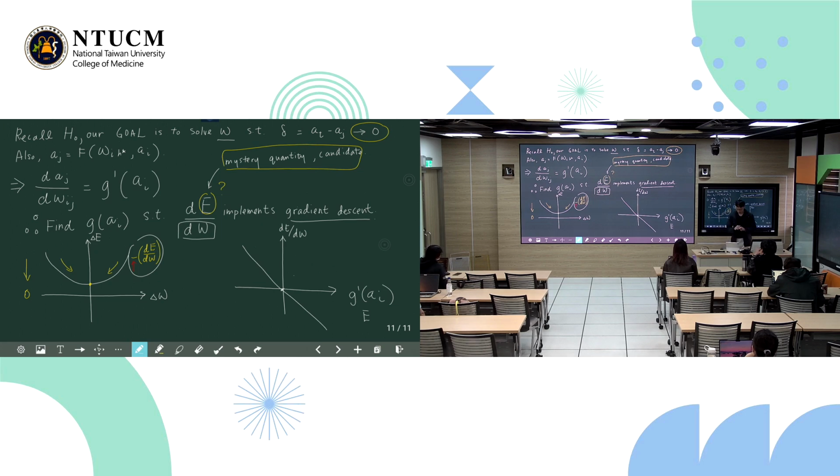Okay, we'll let that sit. But that's the notion of gradient descent. We haven't shown anything yet about how that relates to the target output and the actual output.